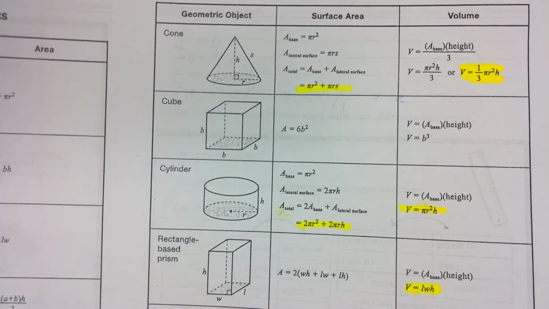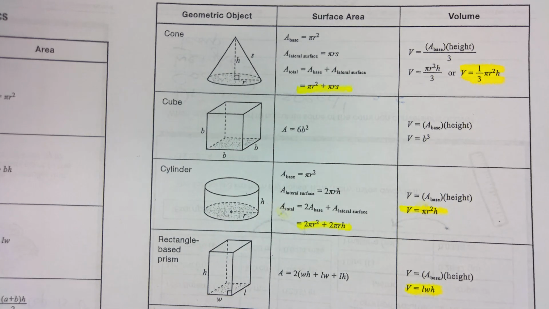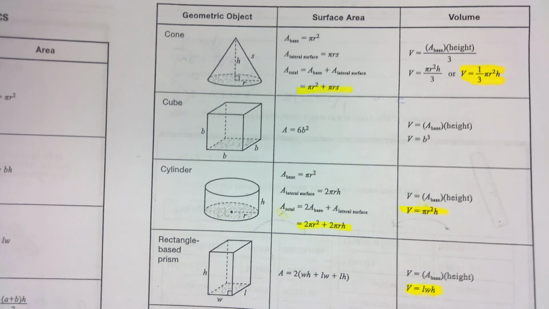How much water is left in the cylinder? 2/3. Alright, so you have a cone, you have a cylinder, you pour it in, it's 1/3, but they're asking how much is left in the cylinder, which is 2/3. So they try to trick you guys with this type of question.